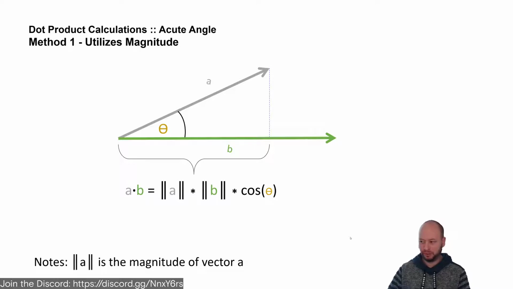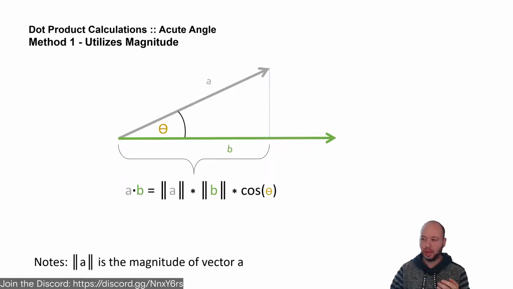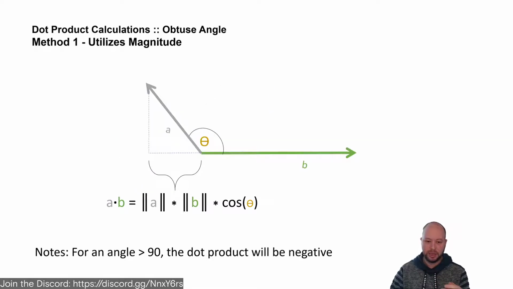So if you do have vectors that are not normalized, then you can effectively use their magnitudes, which you can determine using the Pythagorean theorem, which we'll talk about in a second. If the angles are obtuse, meaning there is more than a 90-degree separation, you are guaranteed to have a negative value on the cosine.